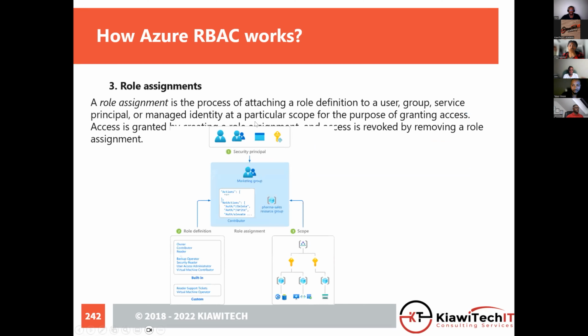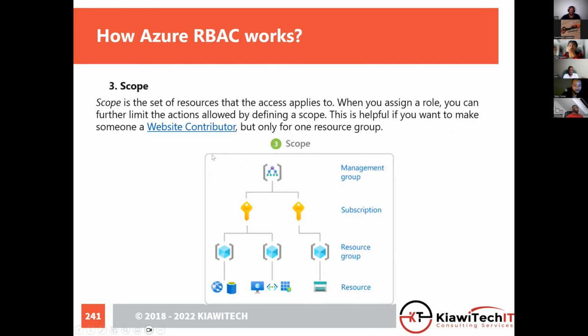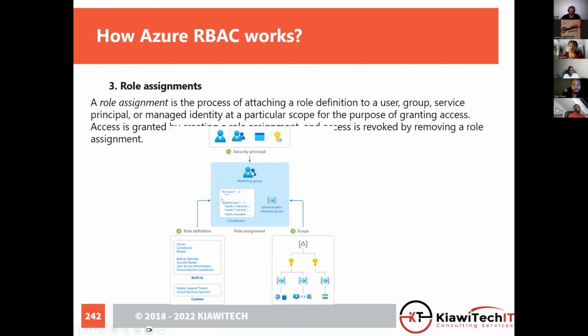So the role assignment here could be, I'm assigning a role. I already know what the scope is. To literally do role assignment using RBAC, I have to define who is the security principal. Is it a user, a group, application, or managed identity?